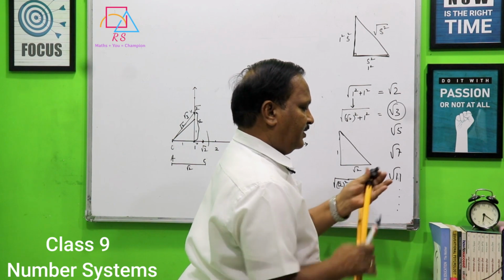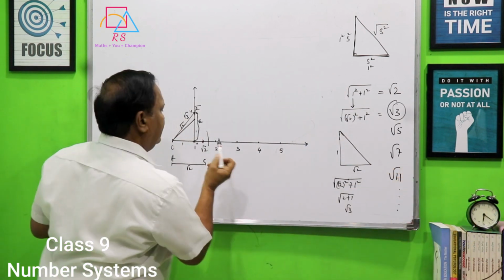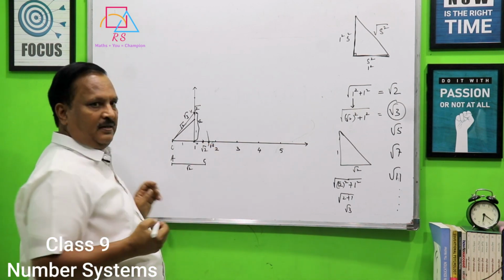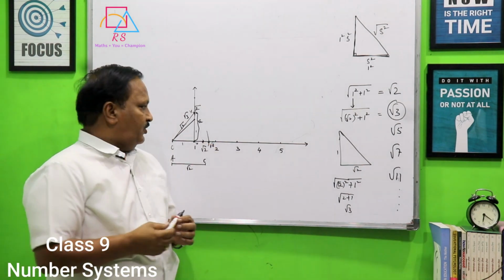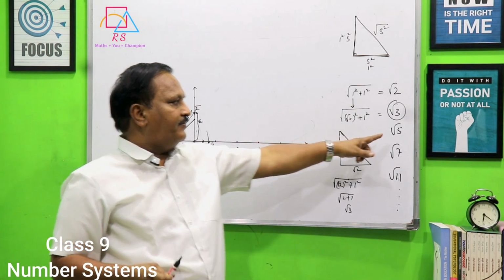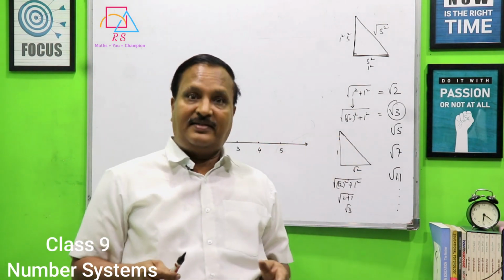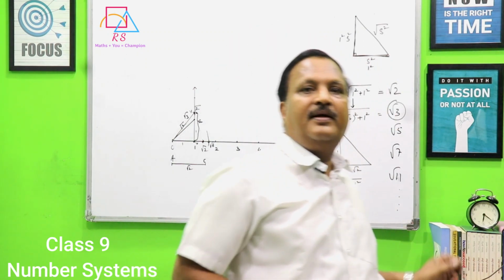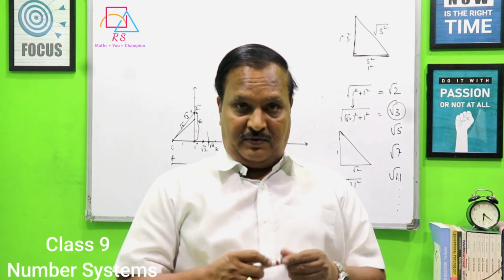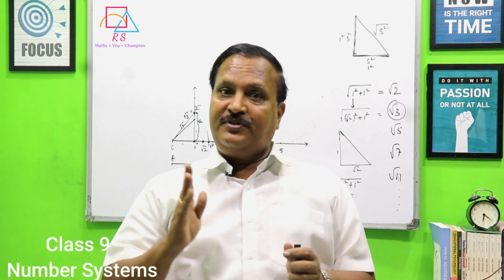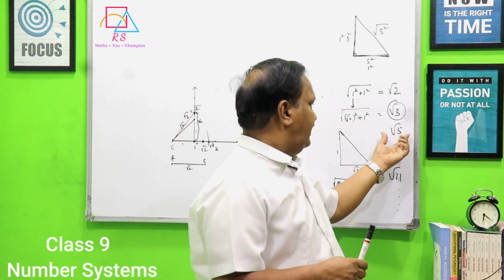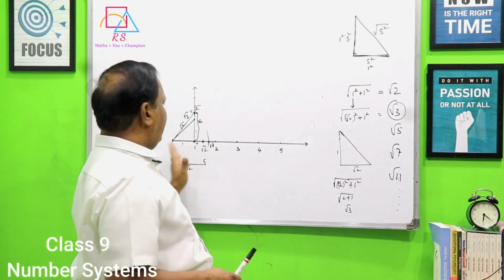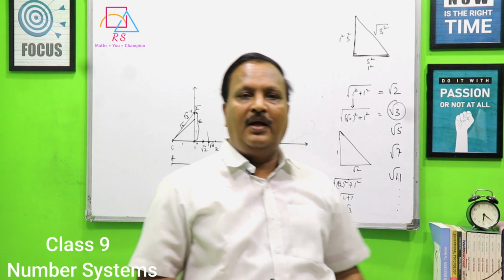I got root 3 on the number line also. So this point is root 3. So like this, you can have root 5, root 7, root 11, etc. You have to make it in the form of a right angle triangle, sum of squares of two sides. We have to write it, and then accordingly you can have all root numbers on the number line.